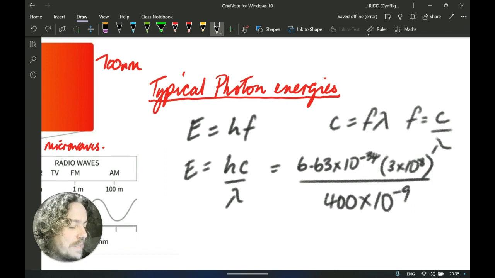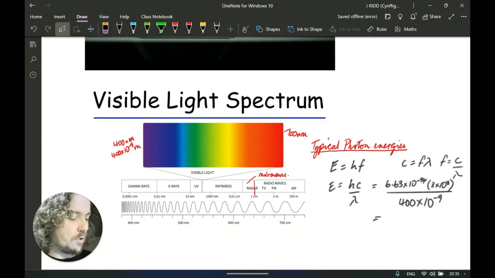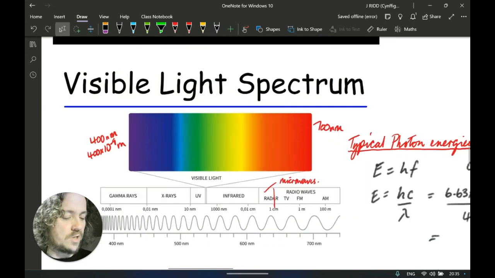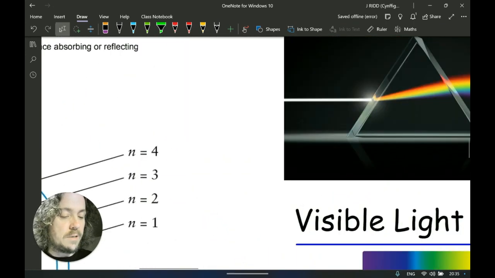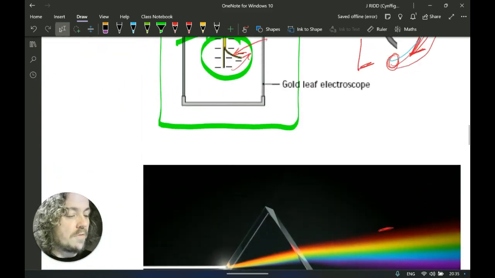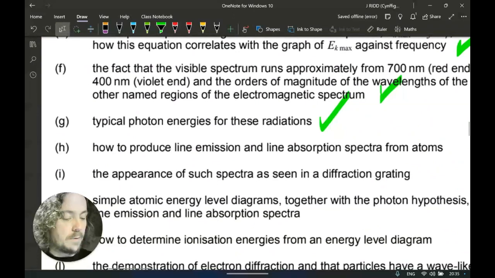So that's 400 times 10 to the minus 9. And you chuck it all on a calculator and you'd get your own typical photon energy. I haven't got a calculator with me right now, but I'm sure you can all do that, no problem. So that's how we'd work out a typical photon energy. As long as you know the wavelength or the frequency, you use E equals hf, and you're laughing. Job's done. I've already ticked that one.